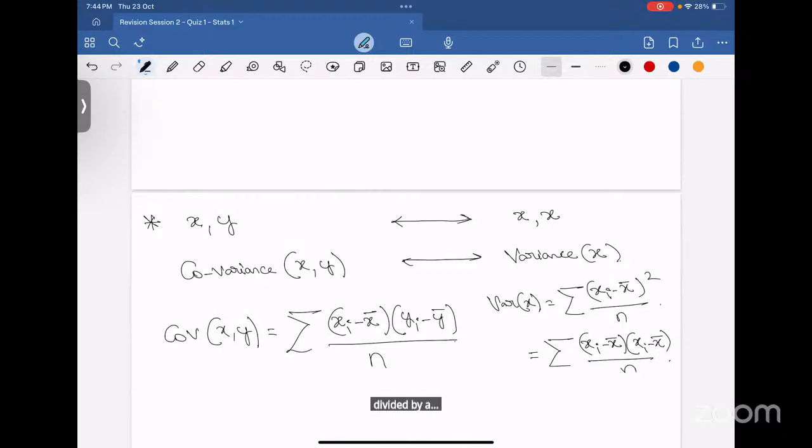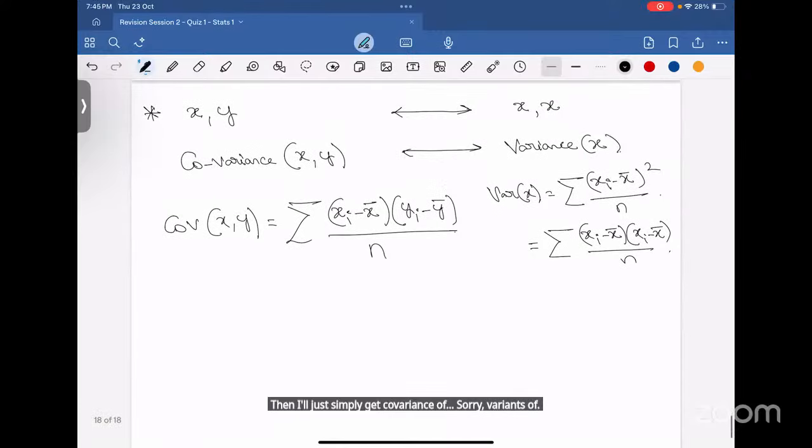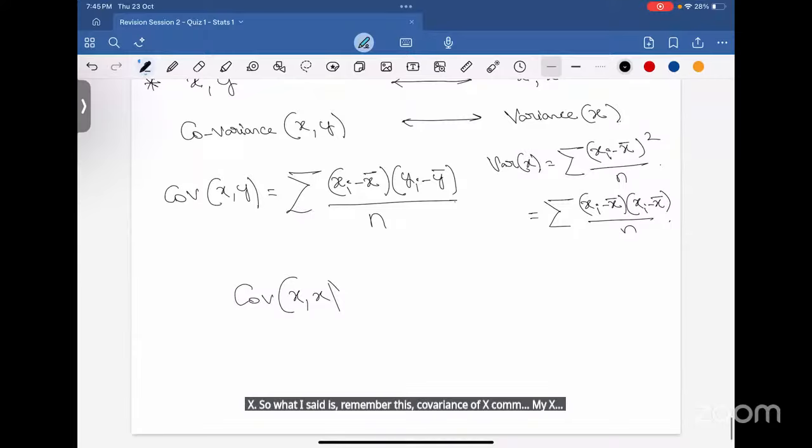That's it. If I simply replace y by x, I'll just get the variance of x. So remember this: covariance of x comma x is nothing but variance of x.